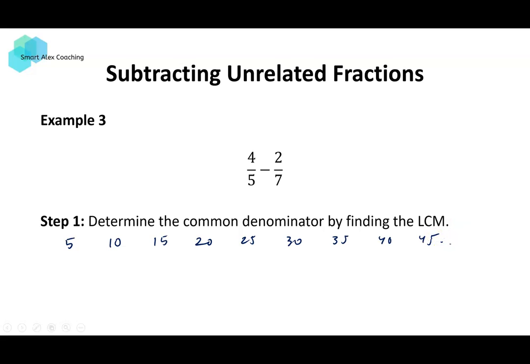The multiples of 7 are 7, 14, 21, 28, 35, 42, and this keeps going. 35 here is our first common multiple, and that is going to be our LCM.